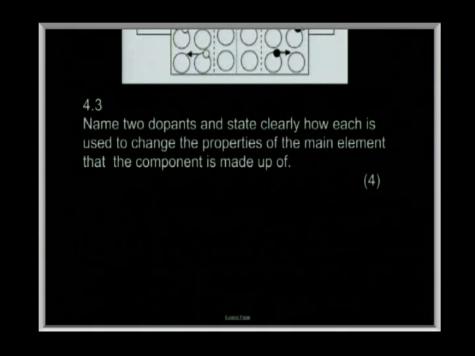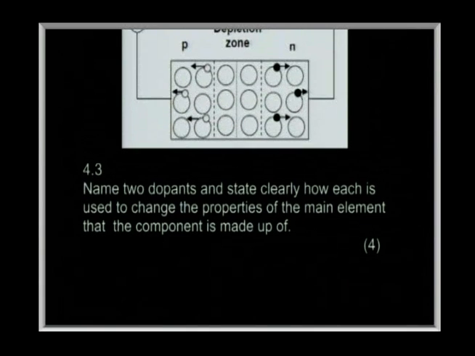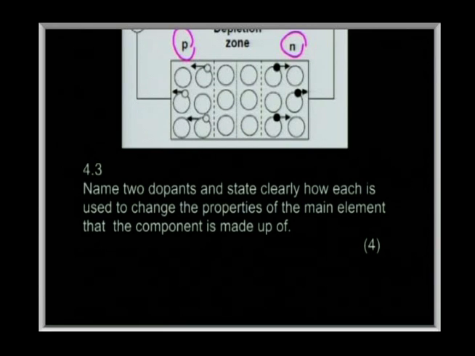It says, looking at our diagram here, we've got a P area and an N area. Different types of semiconductor material put together. The N material has excess negative charges, so it carries electrons because of the dopant that's been added here.